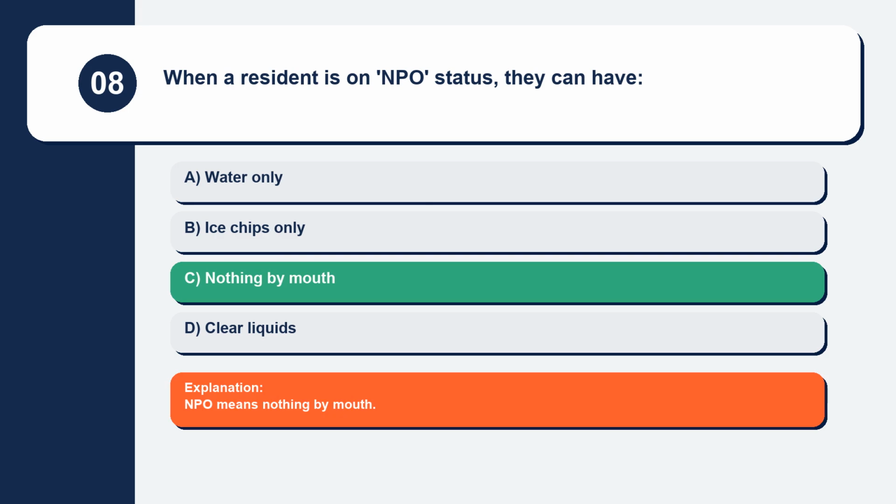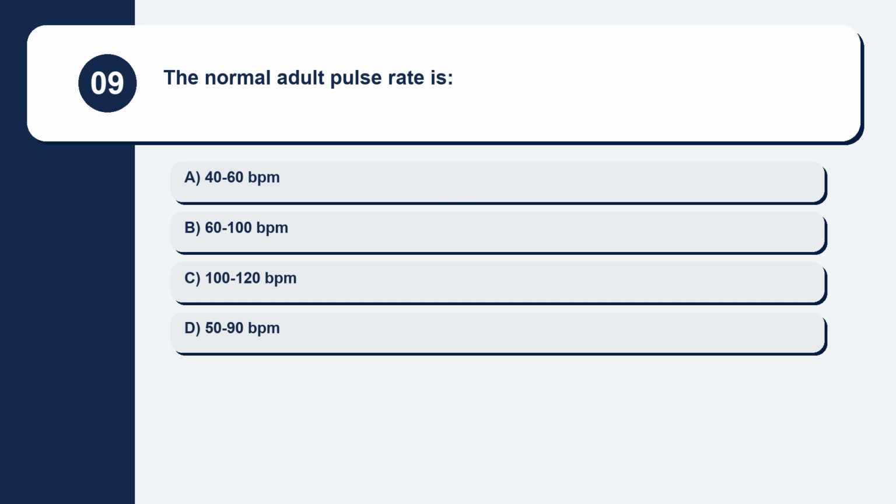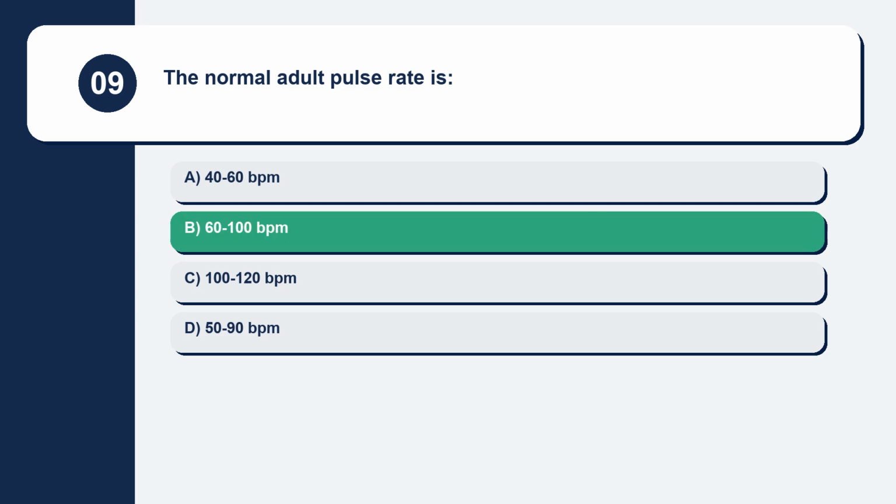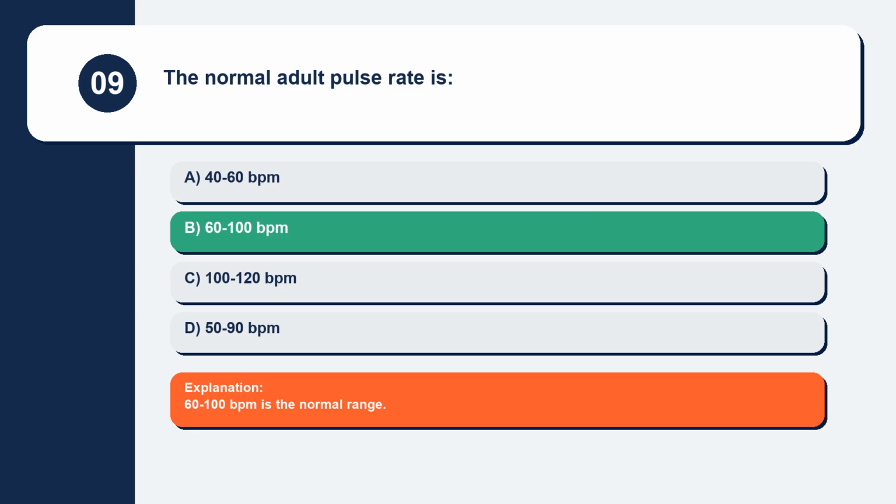NPO means nothing by mouth. Question 9. The normal adult pulse rate is 40-60 bpm, 60-100 bpm, 100-120 bpm, 50-90 bpm. 60-100 bpm is the normal range.